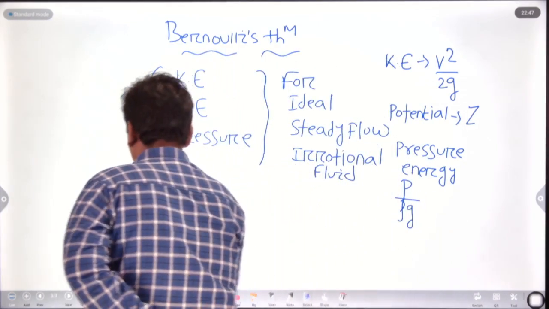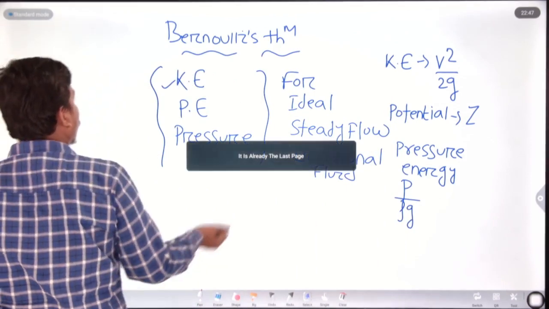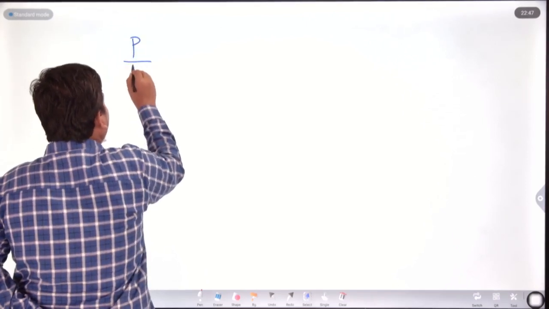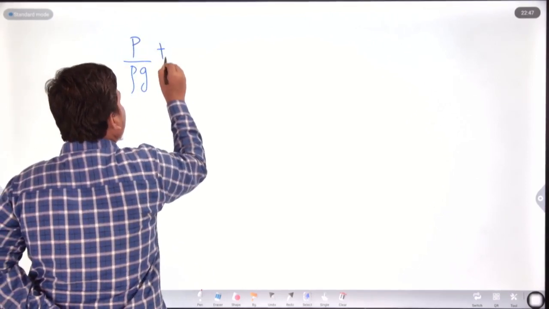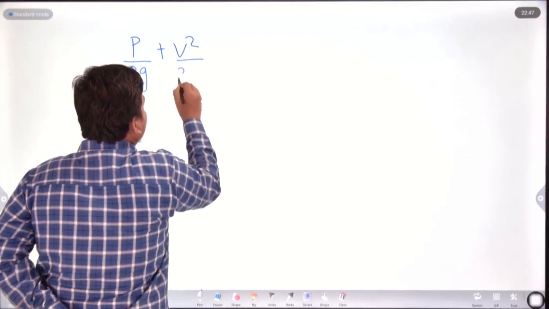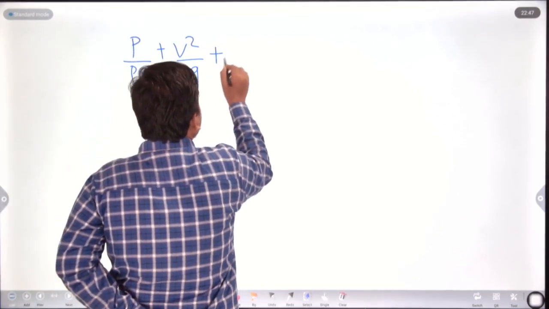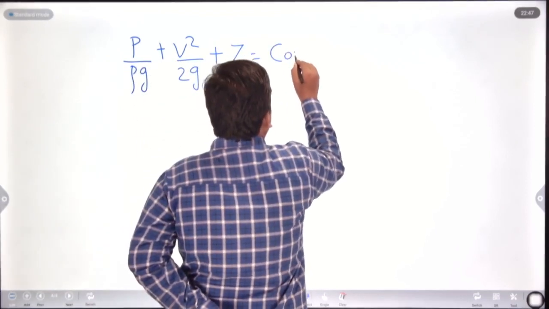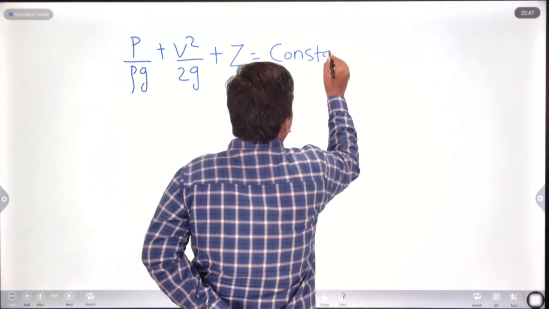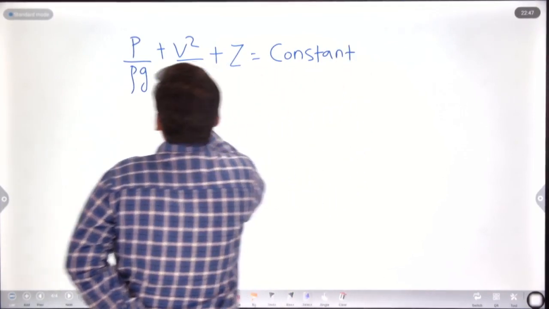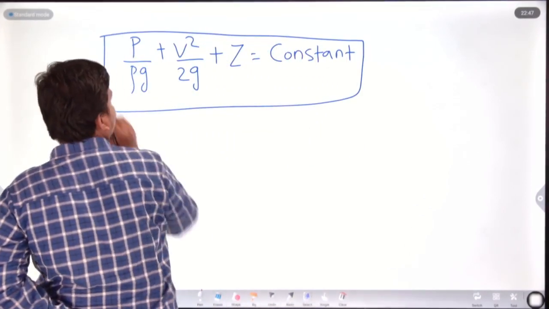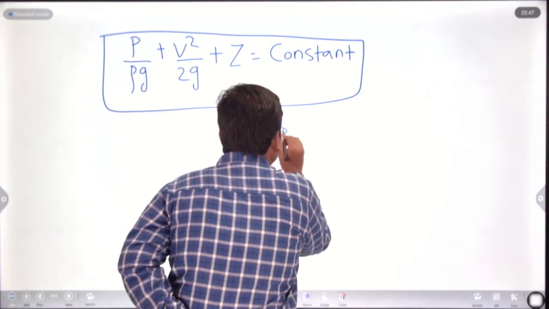So the sum of pressure energy, kinetic energy and potential energy for an ideal fluid remains constant. This is known as Bernoulli's equation.